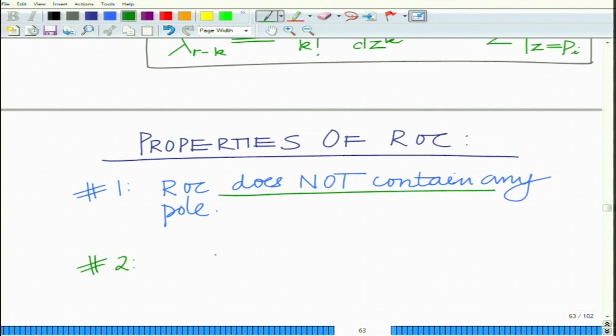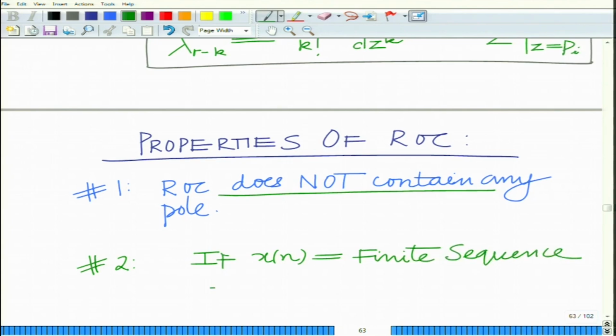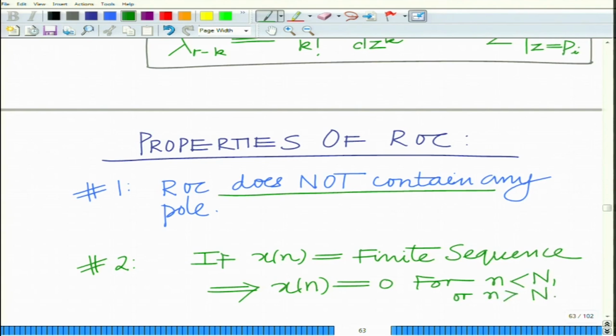If x[n] is a finite sequence, this implies that x[n] equals 0 for n less than n1 or n greater than n2.